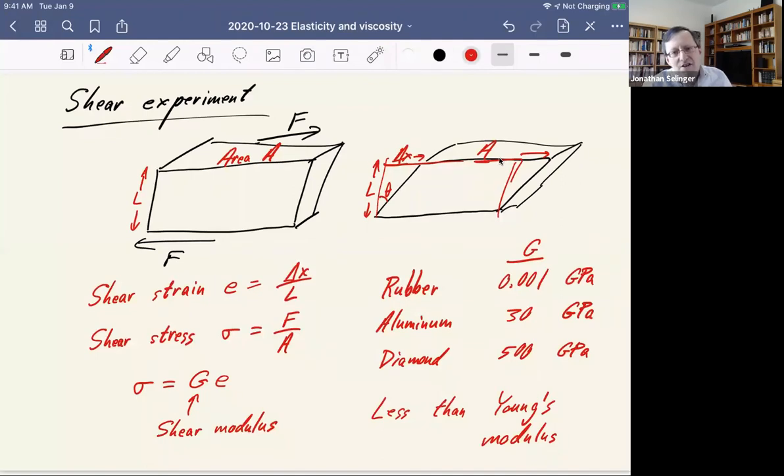The change in the length L is proportional to 1 minus cosine theta. If you think about the Taylor series, 1 minus cosine theta is something of order theta squared, a smaller quantity than theta itself.